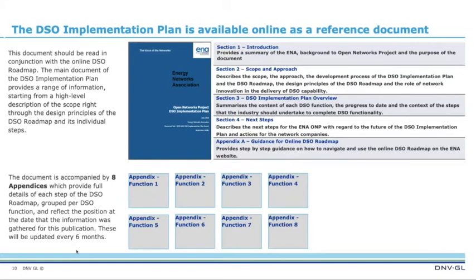So it's something that you can always consult, and it will always be accurate in terms of what the roadmap says and does. The appendices are anticipated to be updated alongside the roadmap tool. So there you can continue to consult the latest information against specific activities and steps.